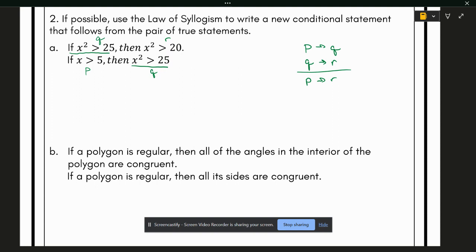Your conclusion should be P to R, which would be written: if x is greater than 5, then x squared is greater than 20.